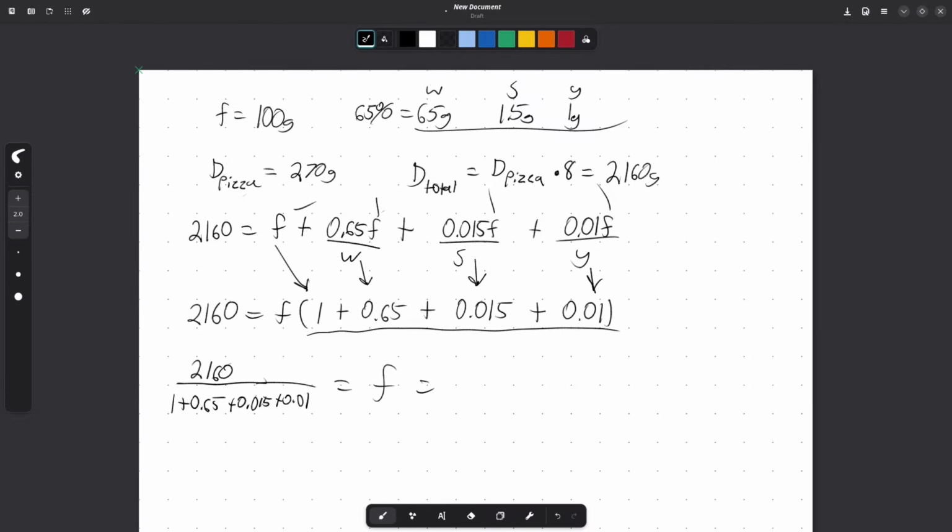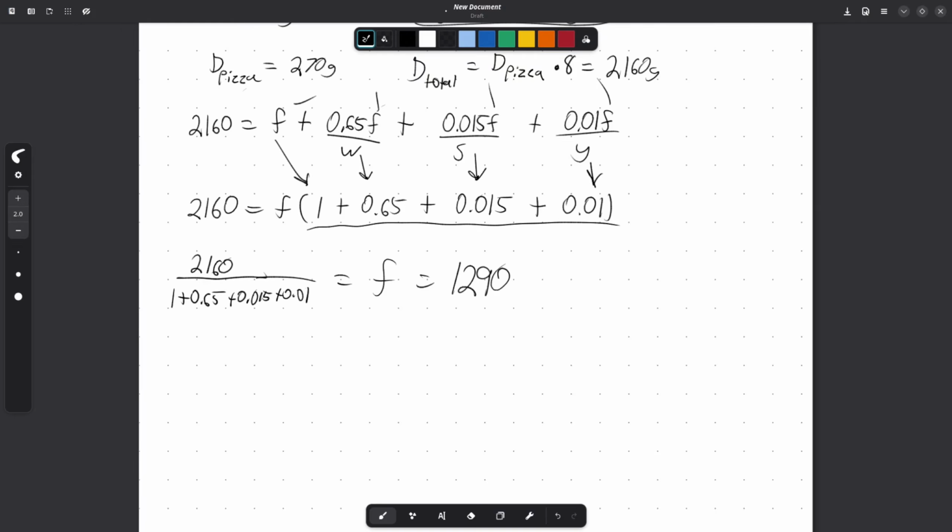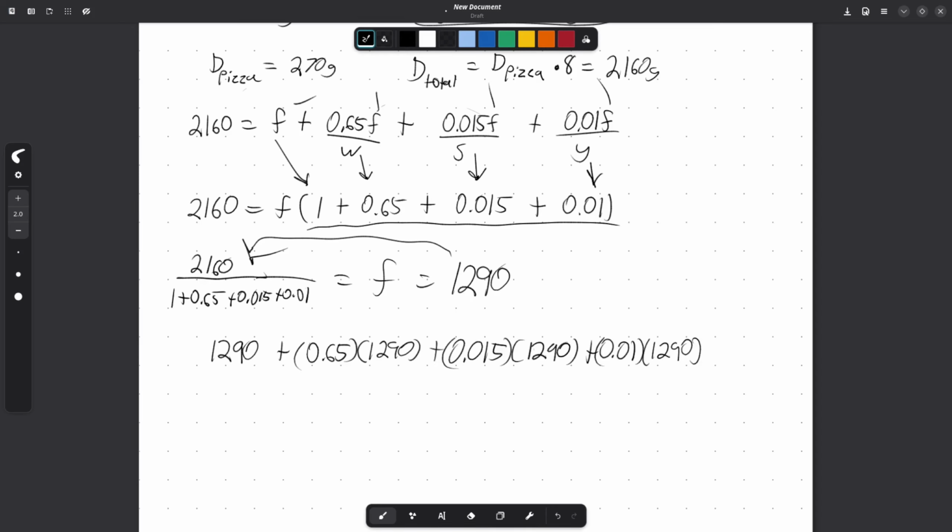This would give us around 1290. There's a bunch of decimal places, but that doesn't really matter for this example. Close enough, so 1290 of flour weight. If we want to verify that this equals our original 2160, we can plug it into the original formula. So let's take 1290 plus 0.65 times 1290, and throw that into our calculator.